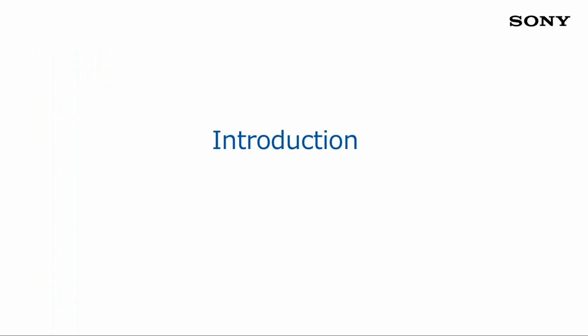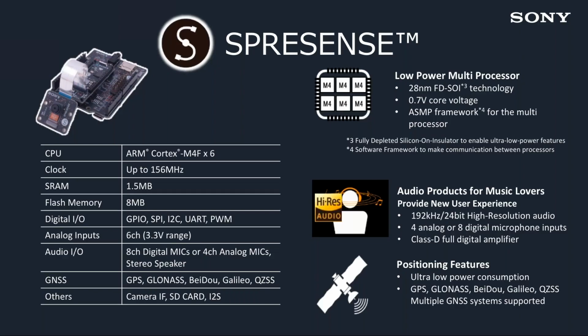So first, I would like to cover what is Spresense. Spresense is a development kit by Sony, and the most highlighted capabilities are that Spresense has high resolution audio and also has the GPS or GNSS, which is Global Navigation Satellite System, integrated in it, and is covering almost everywhere in the world.